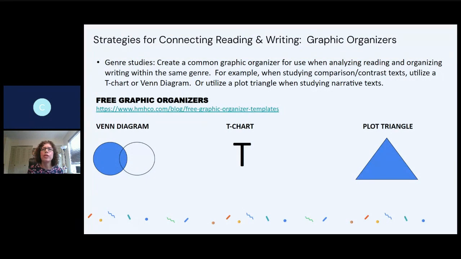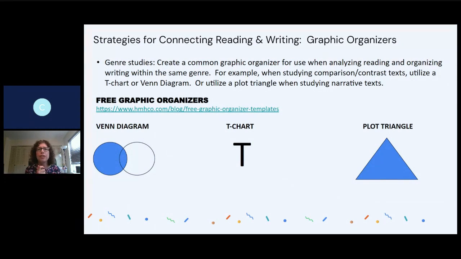For example, when studying a comparison contrast text, you might utilize a T-chart or a Venn diagram. So maybe you're reading a comparison contrast essay, and then you're asking students to write a comparison contrast essay. If you're using that Venn diagram or perhaps a T-chart as a graphic organizer as they're reading, to help them organize the thoughts in their minds, that will then help you make that transition when you're asking them to write, because that same mental structure is already in their mind.